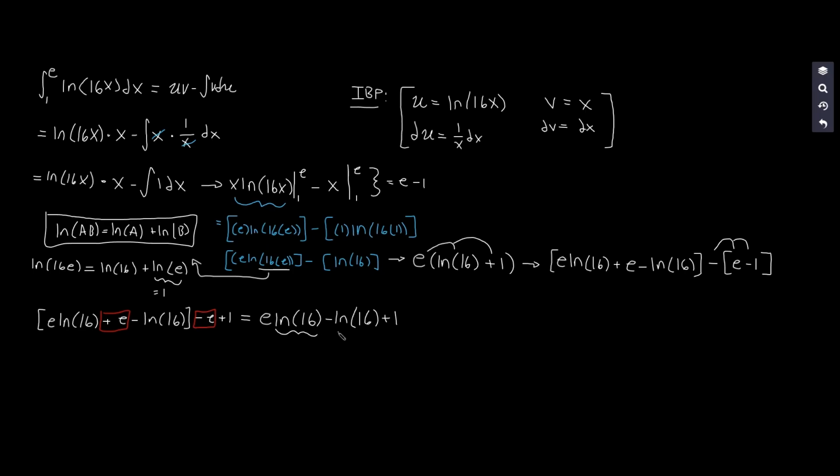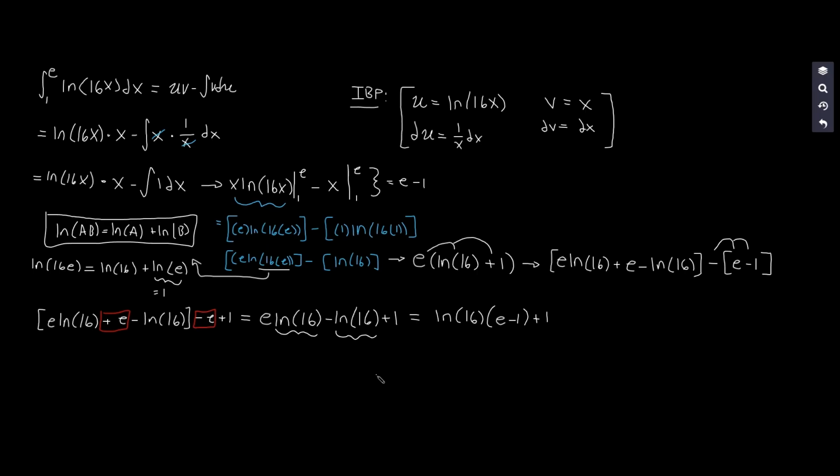We can group the natural logarithm of 16 terms together, and then factor out the natural logarithm of 16. So it's going to be the natural logarithm of 16 times e minus 1, plus 1 on the end of that. And that's going to be our answer.